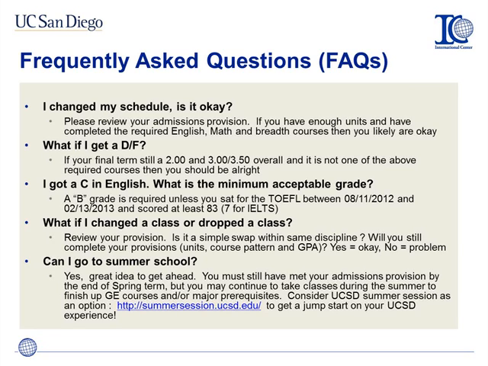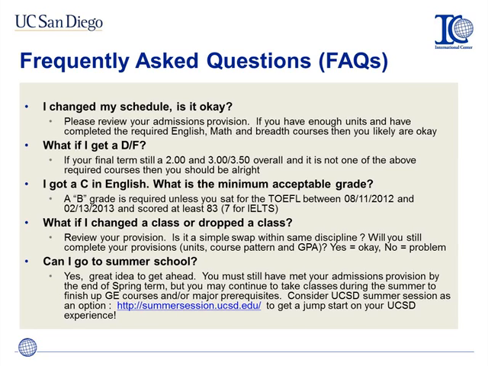Another question that we commonly receive is, I got a C in English. What is the minimum acceptable grade? As already discussed, our international students must receive a B grade unless you sat for the TOEFL between August and before February 2013 and scored at least an 83.